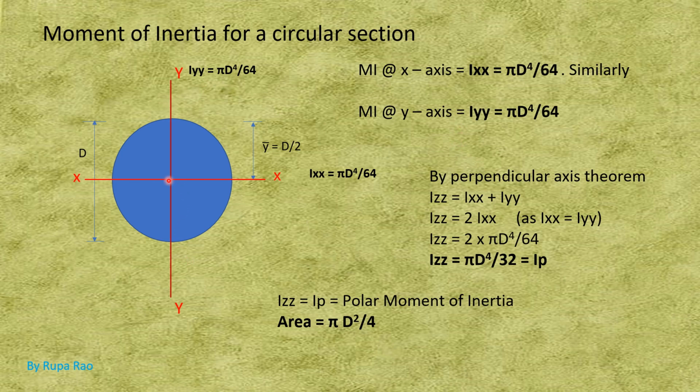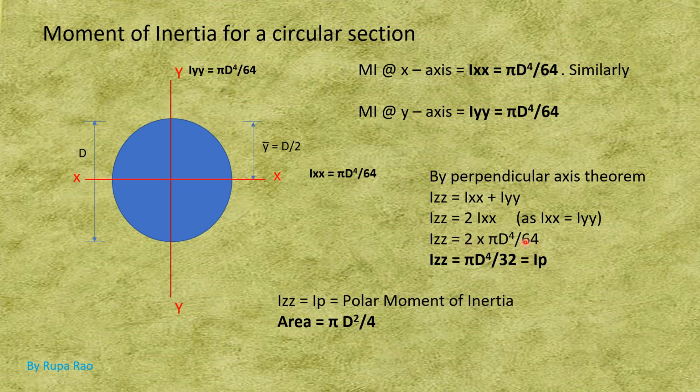Now if I want Izz, which will be from this point and perpendicular to the plane, perpendicular to this circle, zz, then by the perpendicular axis theorem Izz is equal to Ixx plus Iyy, which will be equal to twice Ixx, as Ixx is equal to Iyy. Substitute the value of Ixx, it will be 2 into pi d raised to 4 divided by 64.